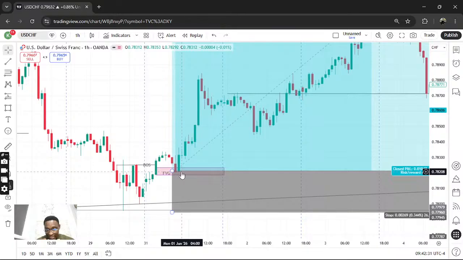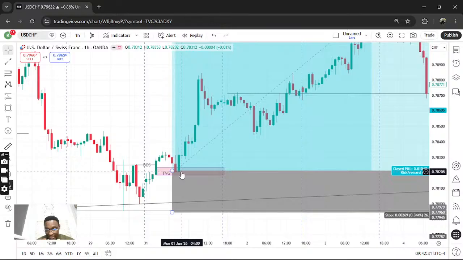You understand? Because this is the hourly time frame, in a 4 hour time frame it is clearer at that particular point. So this is exactly where you would have taken the trade and taken all these profits. You see? Then after that, what is the next thing?